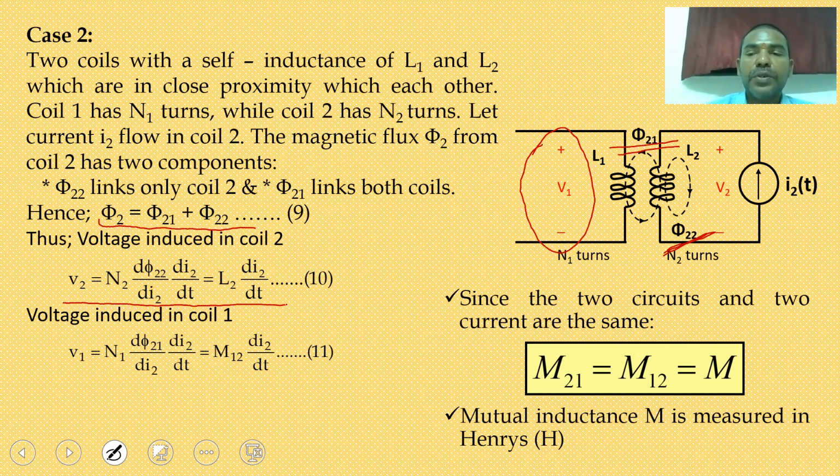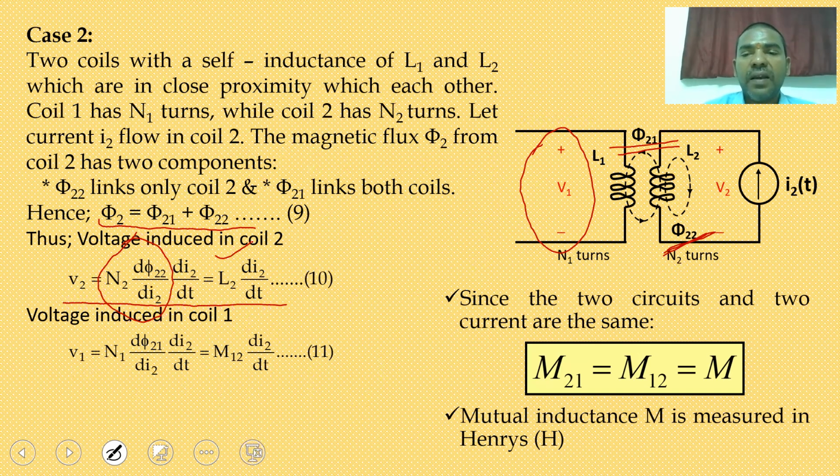Due to phi 22 only, the induced EMF is generated in the secondary side. Now N2 d phi 22 by di2 can be taken as the self-inductance of the secondary coil, L2. So V2 is equal to L2 di2 by dt.